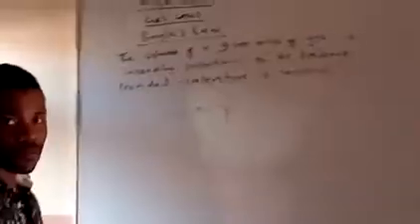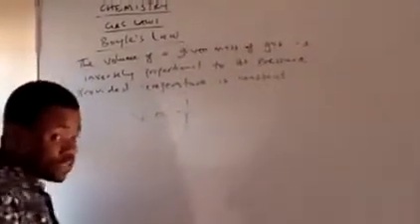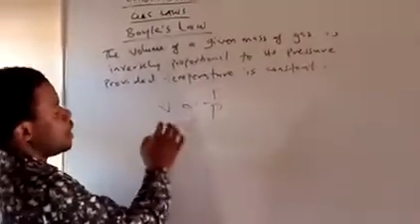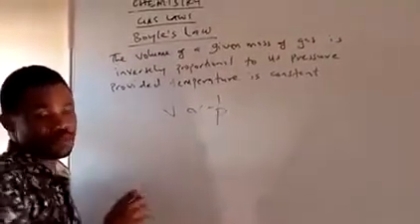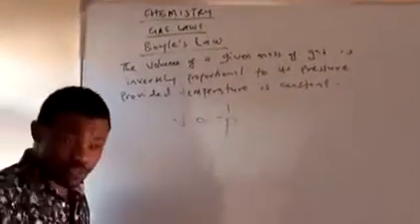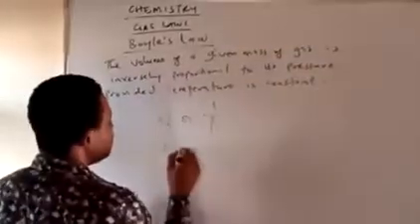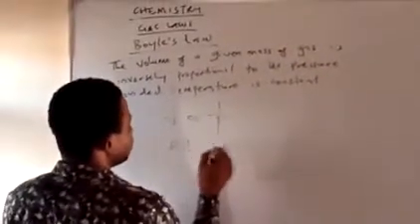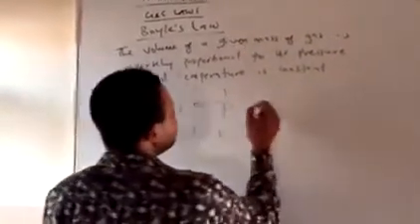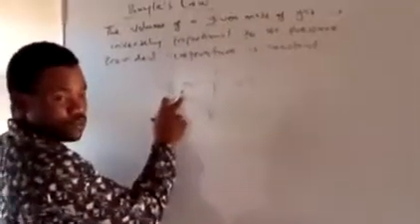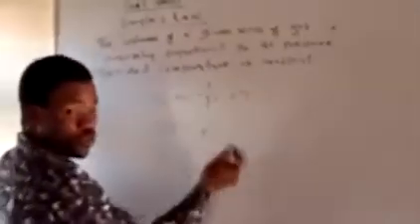Okay. We have said before now that if I have two quantities that are inversely proportional, their product will give me a constant. If they are directly proportional, their ratio will give me a constant. That means P times V will give me a constant. Or you already know that if I'm going to change the sign of proportionality to equality, I must introduce a constant.